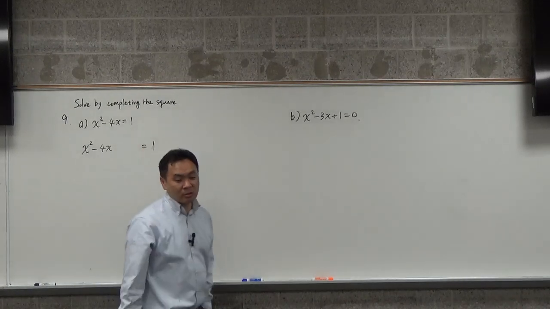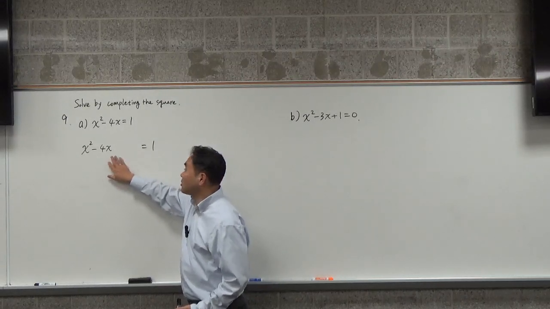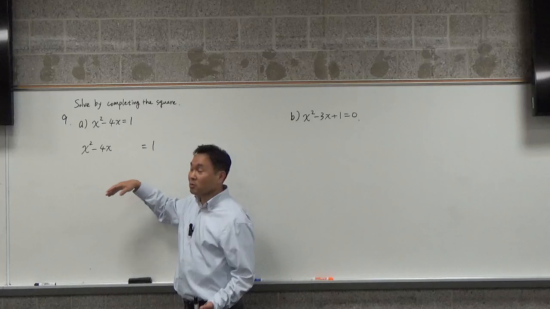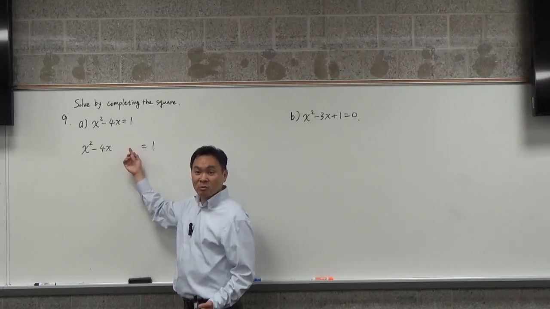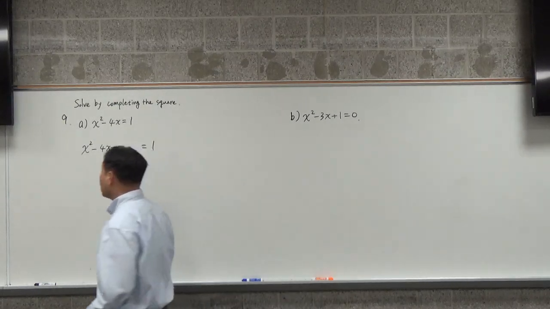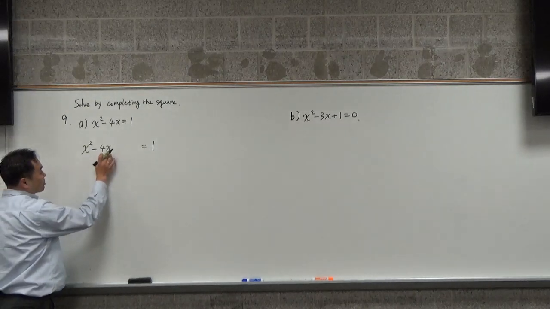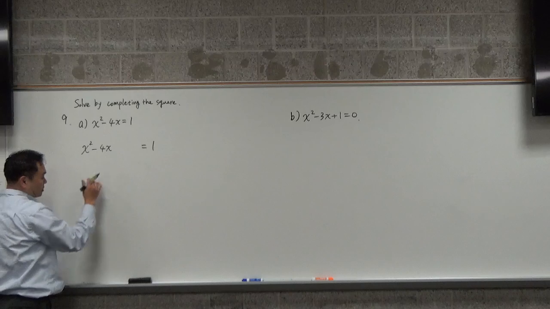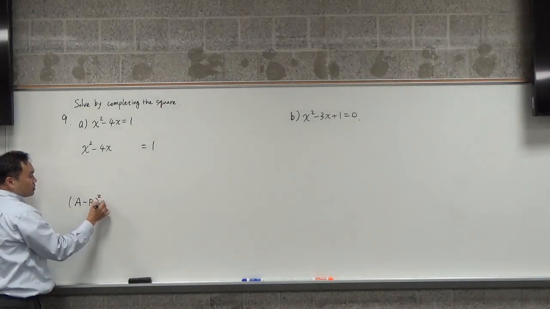It's really a matter of putting some number so that the left side becomes a square, right? So we're trying to complete this left side so that it becomes a square. The idea is to look at the first two terms and say, usually, if you have a minus b squared, what's the formula?